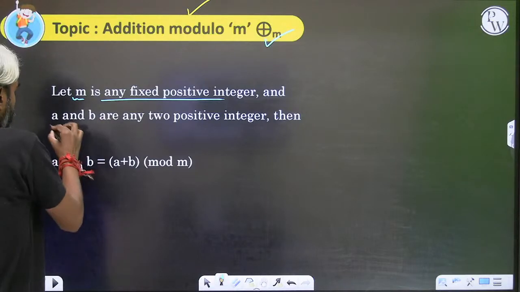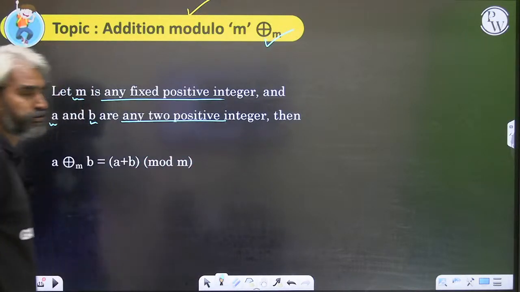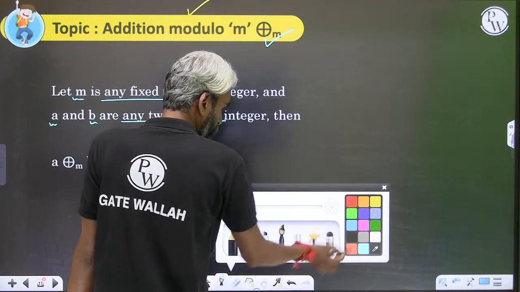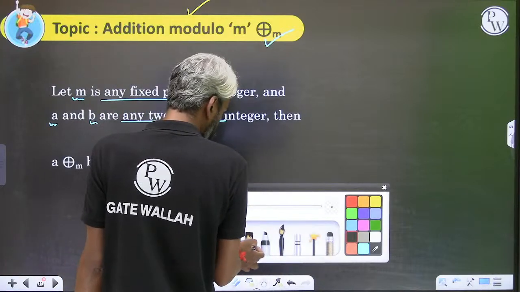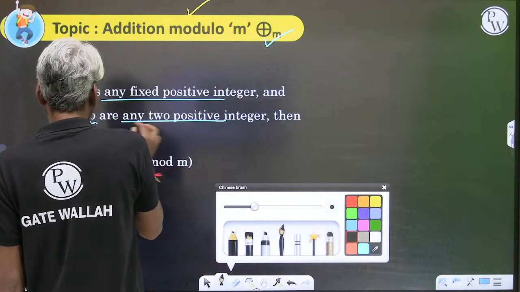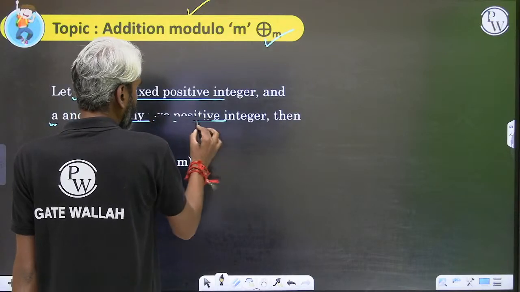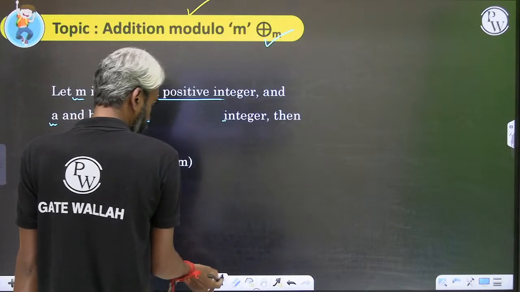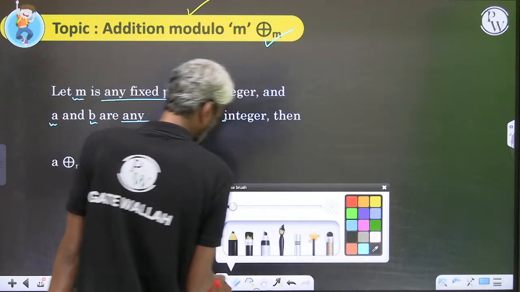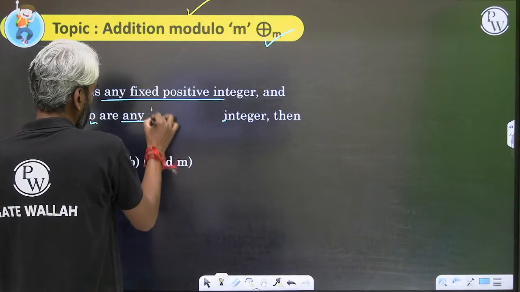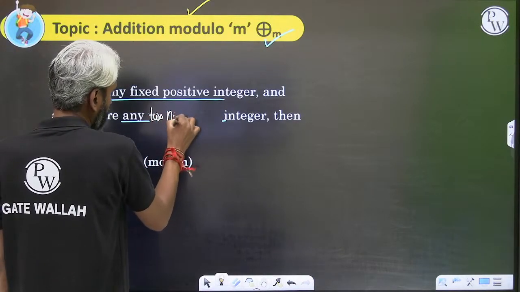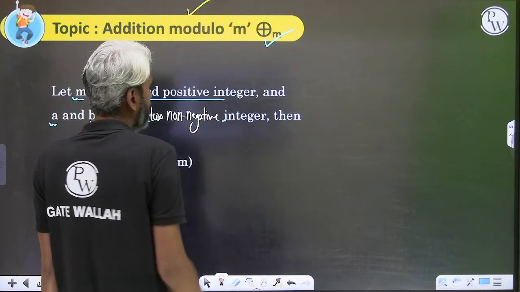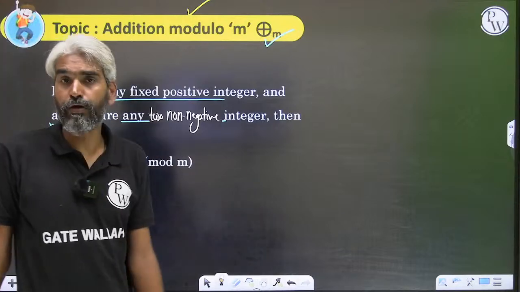And A and B are any two non-negative integers. I would not say positive, because positive will confuse, since 0 is also allowed. So A and B are any two non-negative integers.